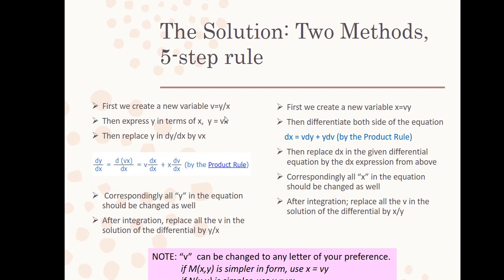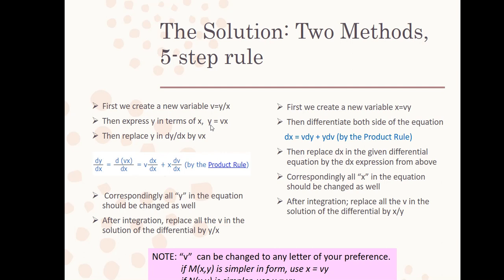Then, after that, from this expression, we express y in terms of x. How is that? You keep y on this side and you cross-multiply x on the left side. So that would be y now being equal to vx.